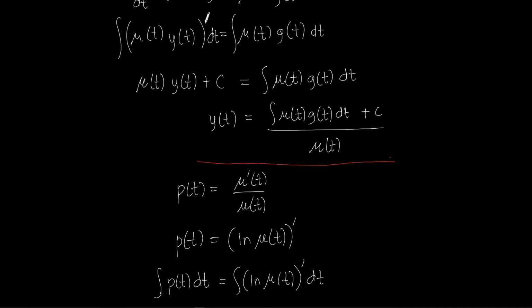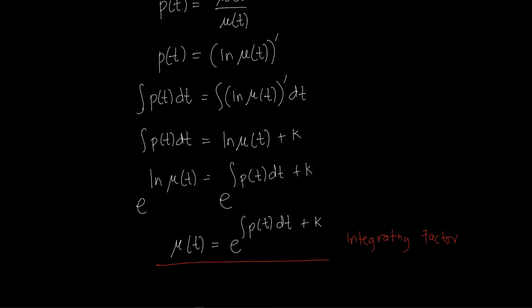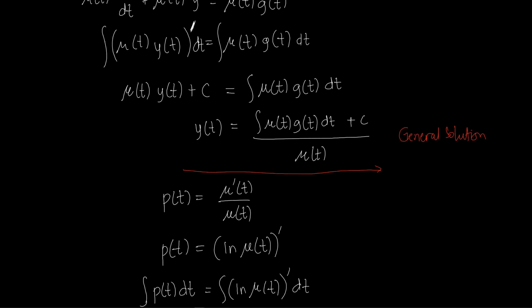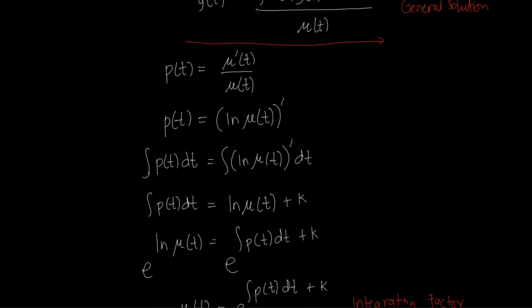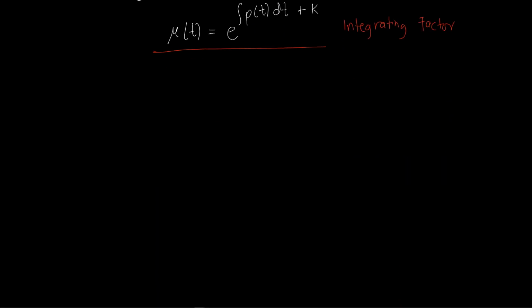What we do next is substitute mu of t. We have y of t equals the integral of mu of t, g of t dt plus c, all over mu of t. Then our mu of t is this one.